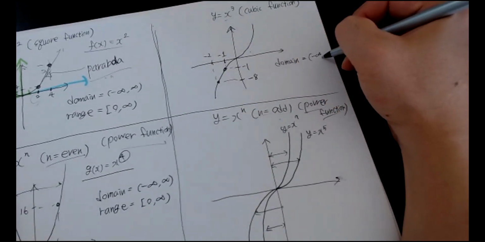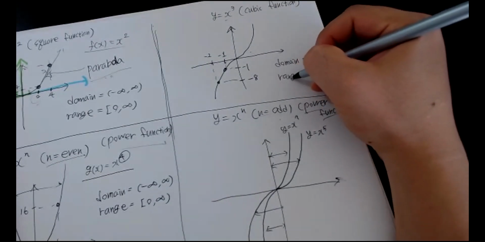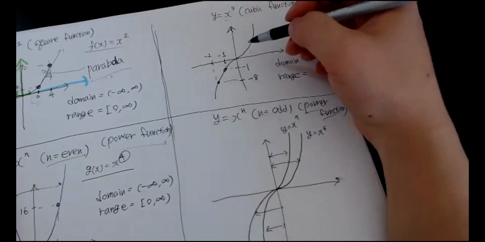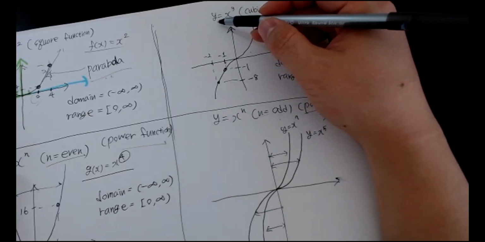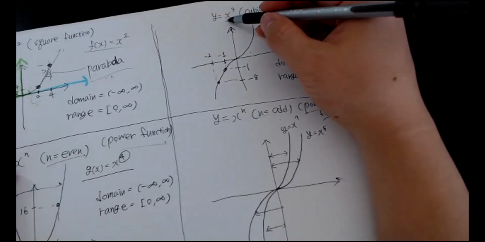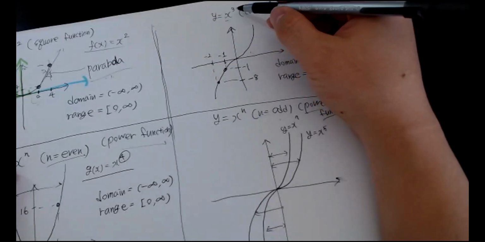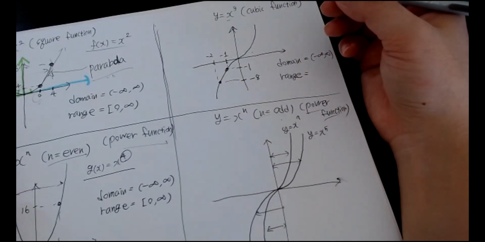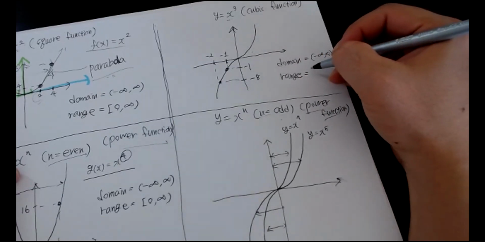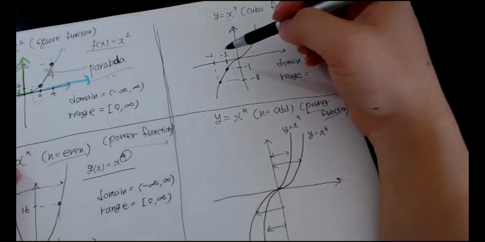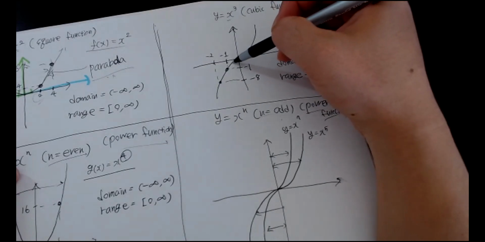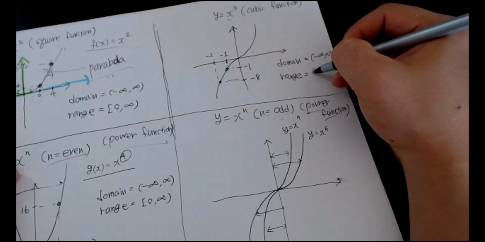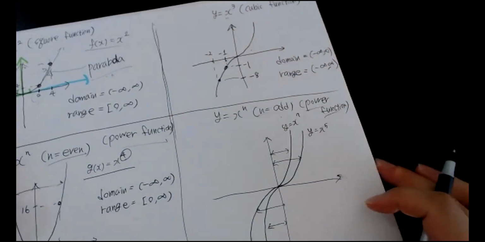And the range is going to be negative infinity to infinity too, because the y value can be a negative number. When x is negative, a negative number to the cubic power gives us a negative number. So the y value can be negative, and we can see the graph goes below the x-axis. So the range is negative infinity to infinity.